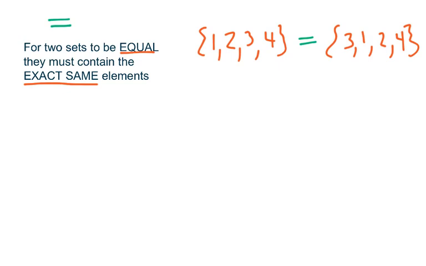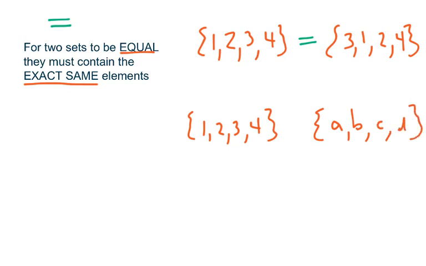Now, how about set 1, 2, 3, 4, and set A, sorry about that, let's fix that up a little bit, A, B, C, D. Those two sets do not contain the exact same elements, so they are not equal, but they sure do have something in common.